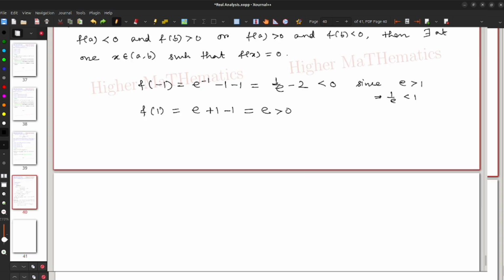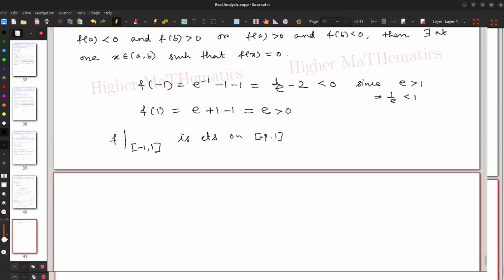So if we consider the restriction of f to the closed interval minus 1 comma 1, then it is continuous on minus 1 comma 1, and f restricted to minus 1 comma 1 applied on minus 1 equal to f of minus 1 which is less than 0, and f restricted to minus 1 comma 1 applied on 1 equal to f of 1 which is greater than 0.